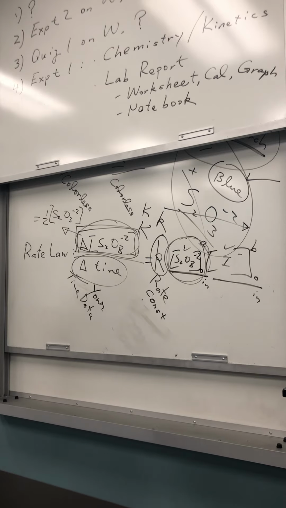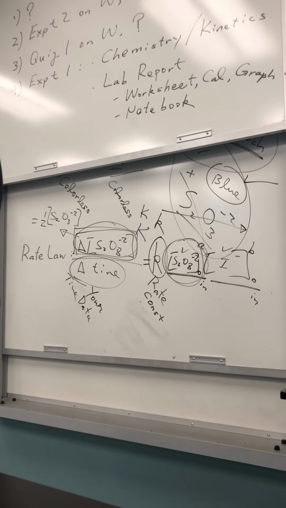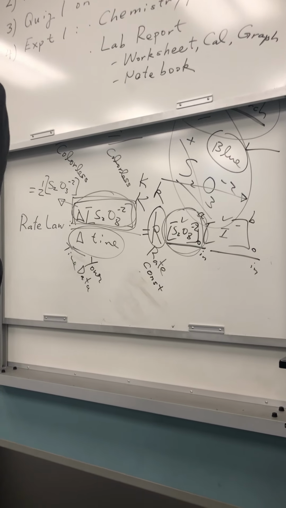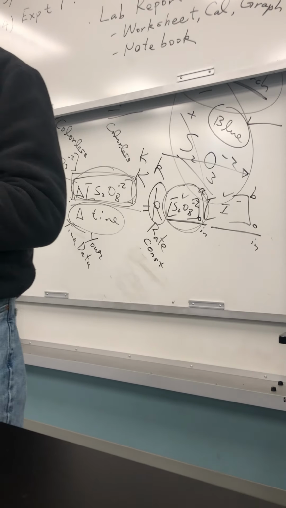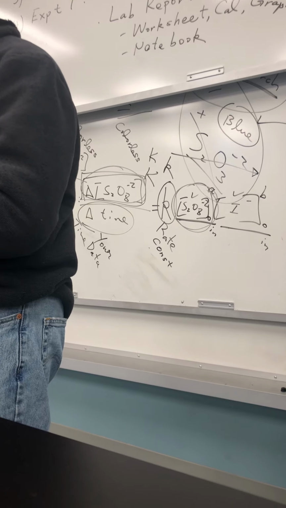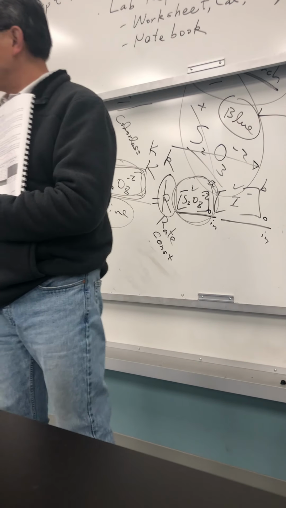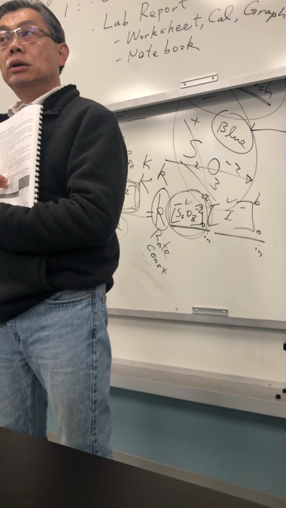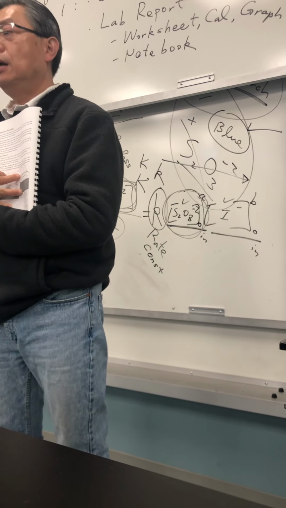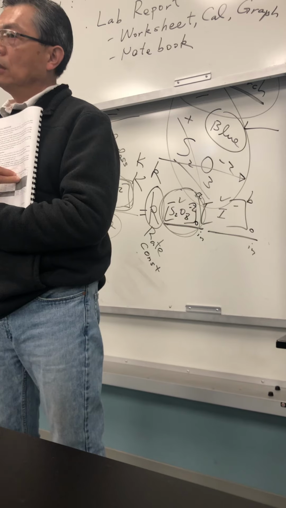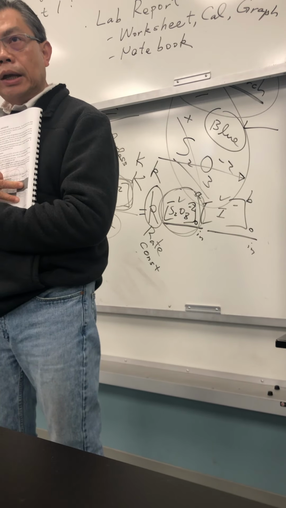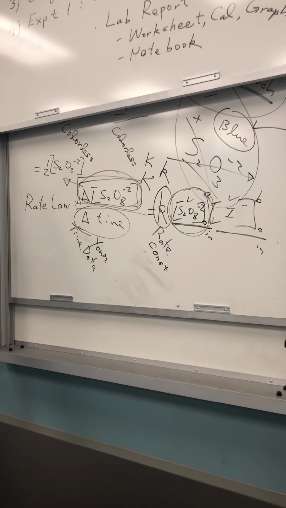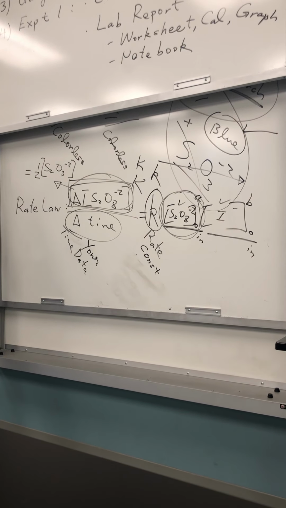So therefore, how many reactions did we have? 3, yes? We have 3 reactions, 3 mixes. Not 1, not 2, but 3. Why 3? Because we have 3 unknowns. Are we good?